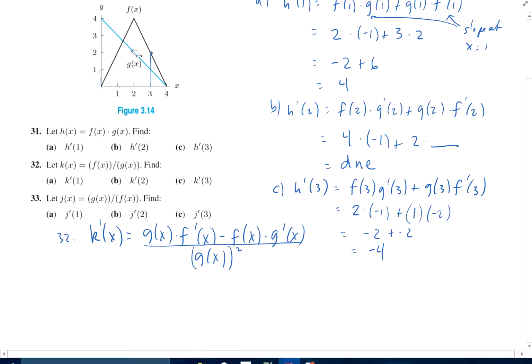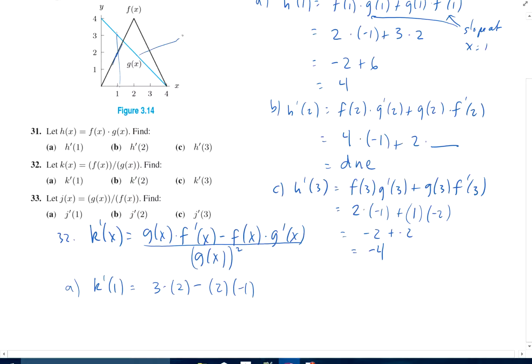Okay, so we'll use a picture in the same way that we did the last one. I'm sorry, for A, we want k prime of 1. So that's going to be g of 1, which is 3, times f prime of 1, the slope right there at 1, which is 2, minus f of 1, which is 2, times g prime at 1, which is negative 1, right?